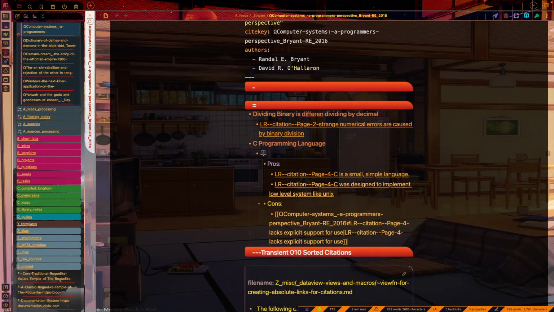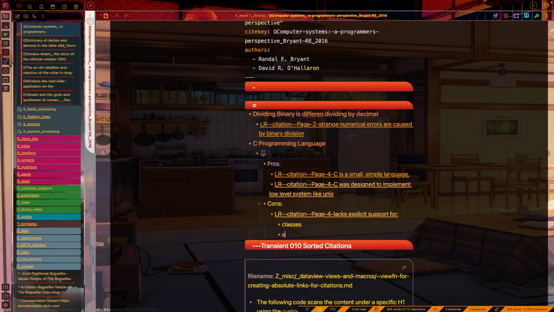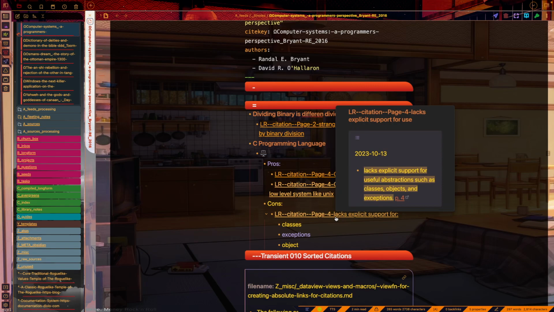It lacks explicit support for the following, right? Classes, exceptions, and I kind of like doing it like this so that I can memorize it. Was it 3 things? Yeah, it was 3 things: classes, objects, exceptions. Okay, cool.